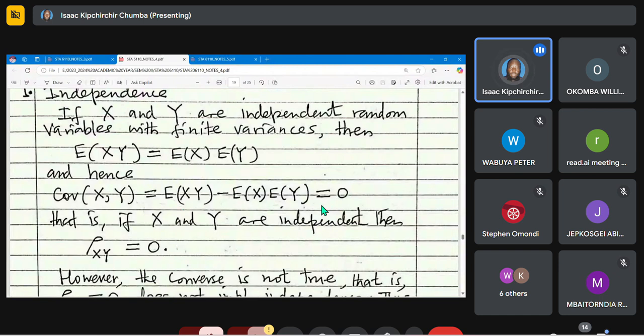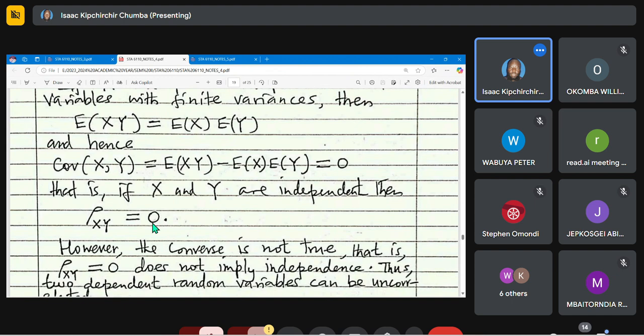So when random variables are independent, their covariance is 0. And because the sign of the correlation is determined by the covariance, when covariance is 0, the correlation is 0. Basically, independent random variables are uncorrelated.